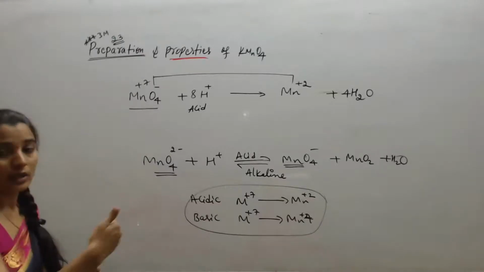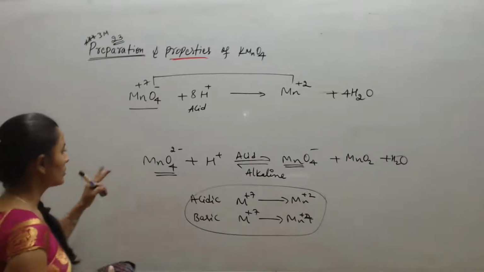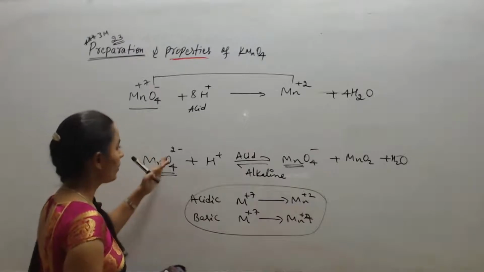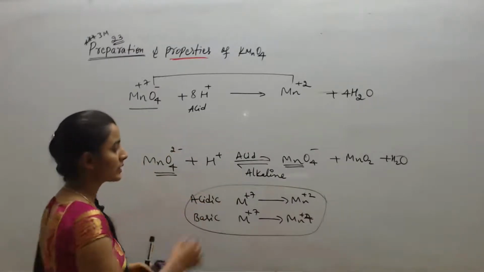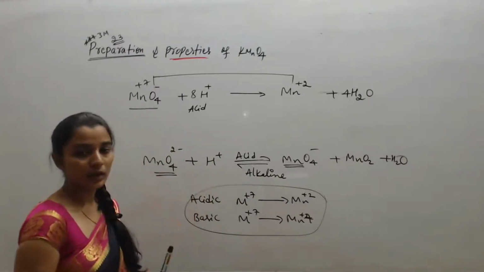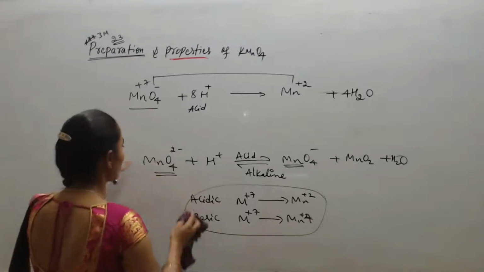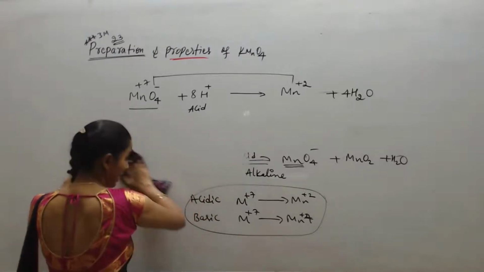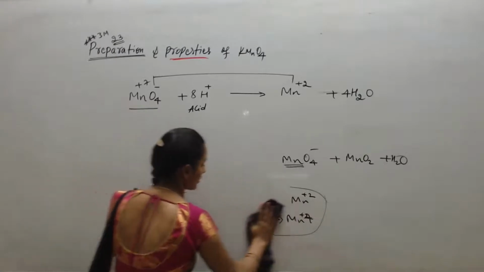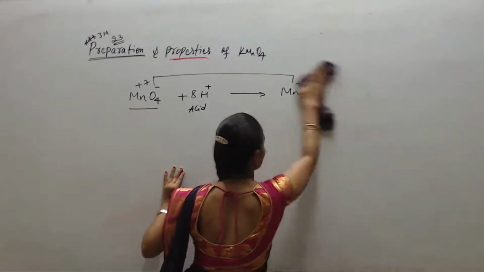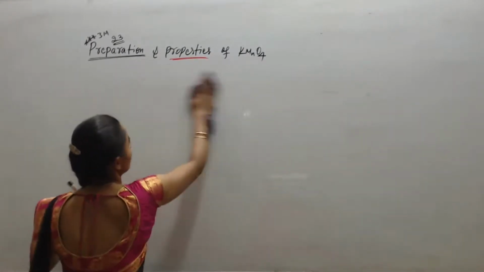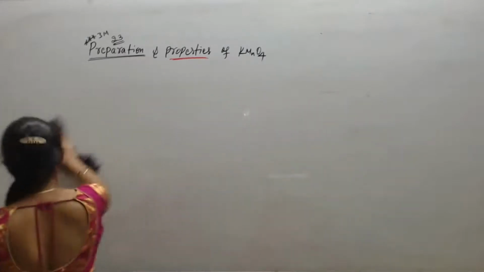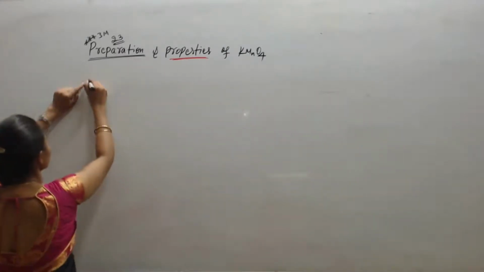While solving the reactions, I will explain how MnO4 2 minus and MnO4 minus change in acidic as well as alkaline medium. We will discuss some questions, some balanced chemical reactions, and you will understand. So first one, we discuss, and write it clearly students, very important.